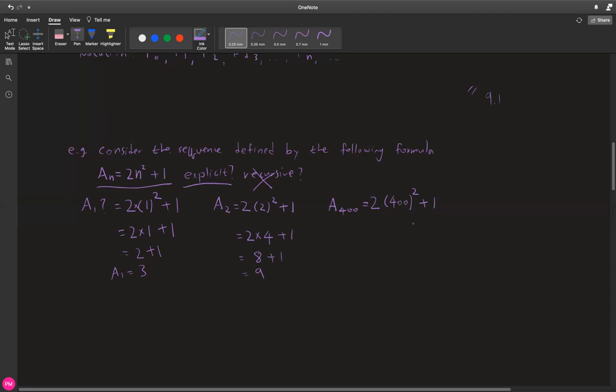Obviously, that's a big number, and usually Pearson requires a very specific answer. This is where you would use your calculator. If you put this into a calculator correctly, you would end up with 320,001. So from going here to here, use a calculator.